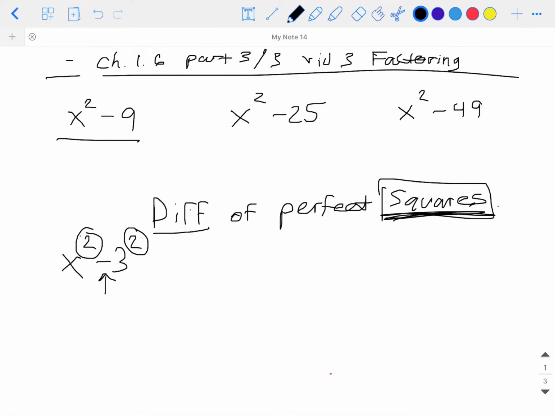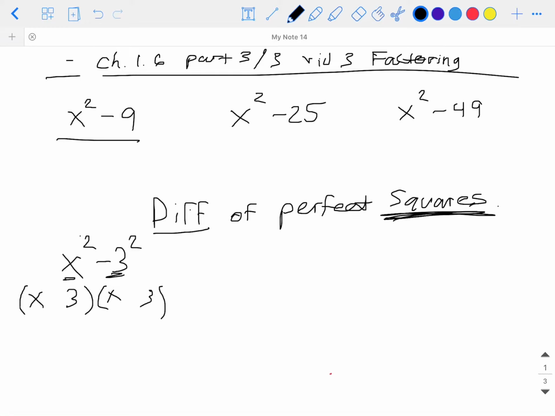So if there exists such a polynomial like this, then there's a specific framework that you need to apply. It's not that hard. x and 3 will be copied to both of the terms. What's different about the inside of the parentheses is that this is a plus sign and that's a minus sign.